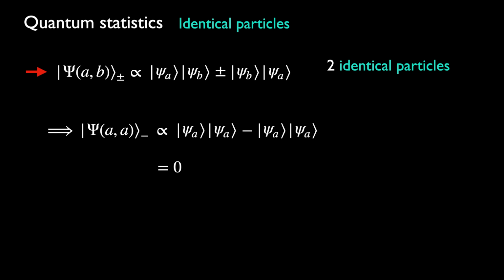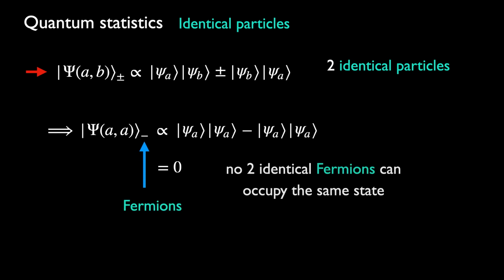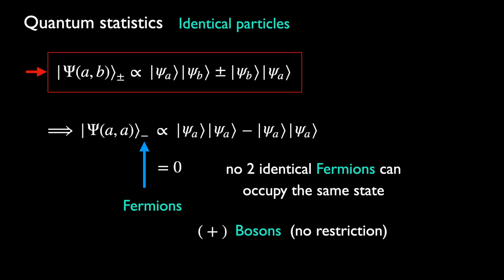For this category of particles with the negative permutation sign, no two particles can occupy the same state. This corresponds to the fermions. And for the category with the positive sign, there is no restriction. Any number of particles can be in a given state. These are the bosons. Thus we see how the statistics of identical particles follows directly from their quantum description.